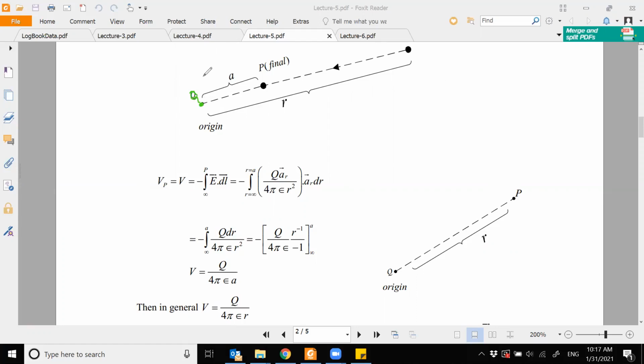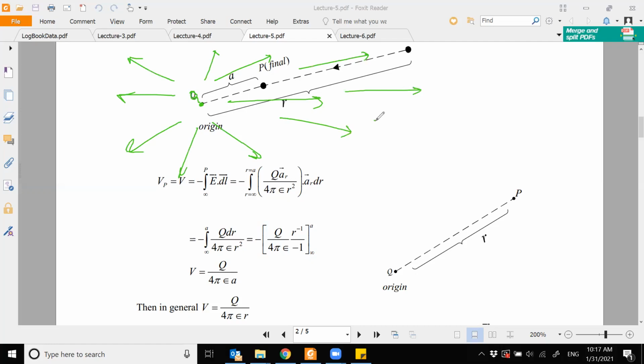Because of this charge you will have electric field everywhere, here, here, here, even here. Now what we need to do is find the potential created by this electric field, by this point charge Q, which is placed at origin.